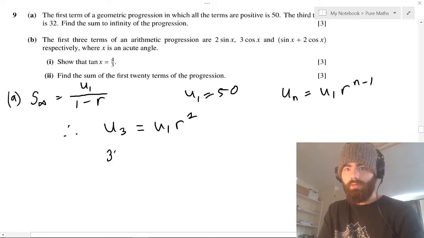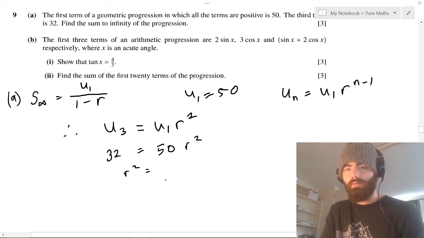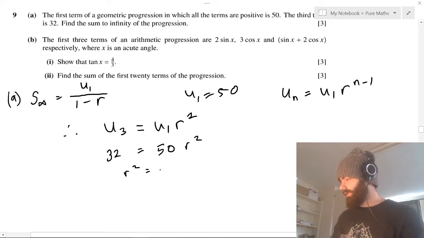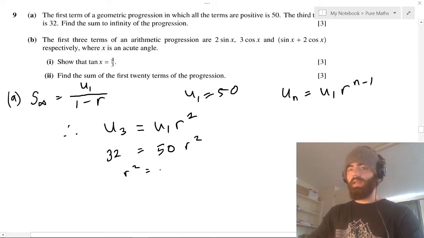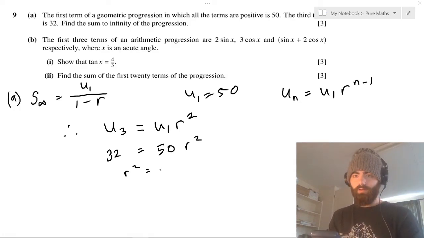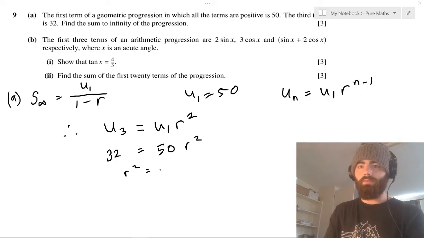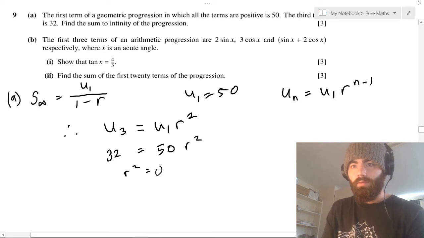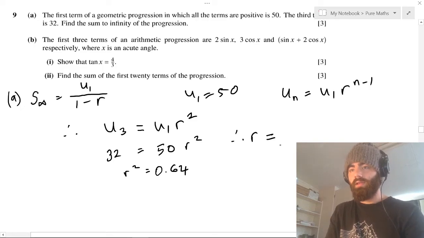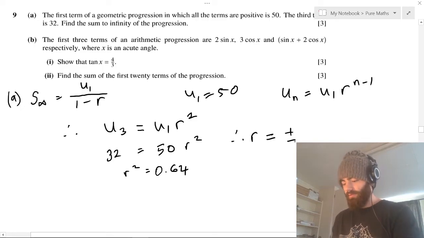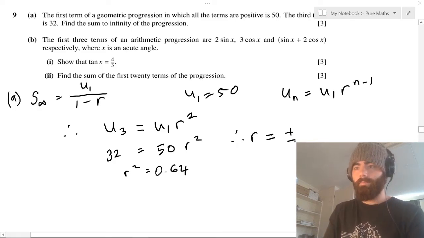So u3 is 32, u1 is 50, r squared. So then we get r squared equals 32 divided by 50, which is 0.64. So therefore r is going to equal plus or minus 0.8.